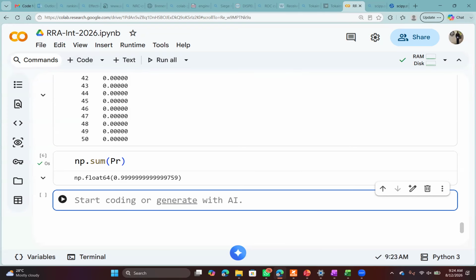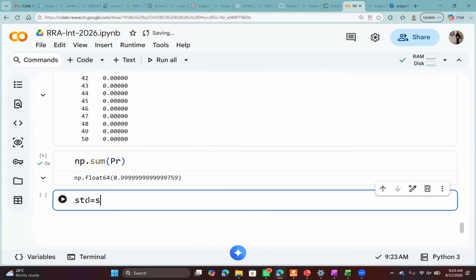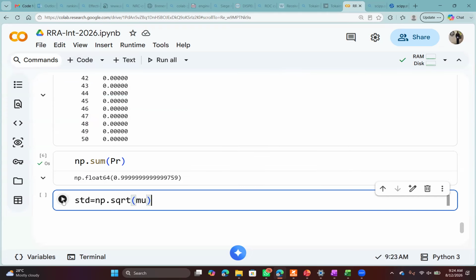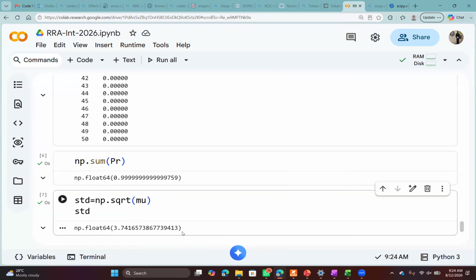And if you want to calculate the standard deviation, this is equal to the square root of the mu value. And if I print this value, the number is 3.74. Our average value was around 14.